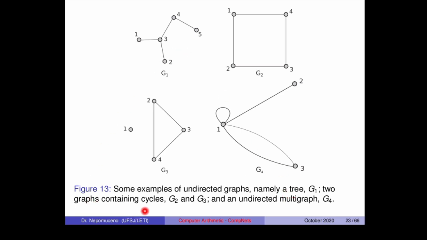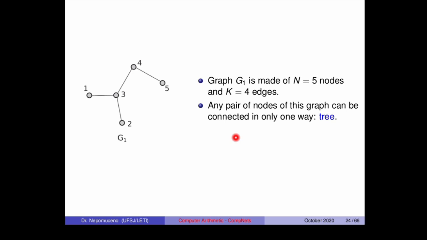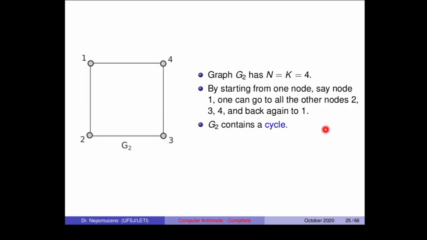Two graphs contain cycles, G2 and G3, and an undirected multigraph, because in this sequence here, the number 1 is connected to itself. Graph G1 is made of N=5 nodes and K=4 edges. Any pair of nodes of this graph can be connected in only one way, so it's a tree.